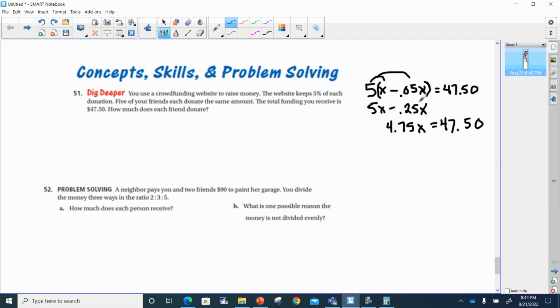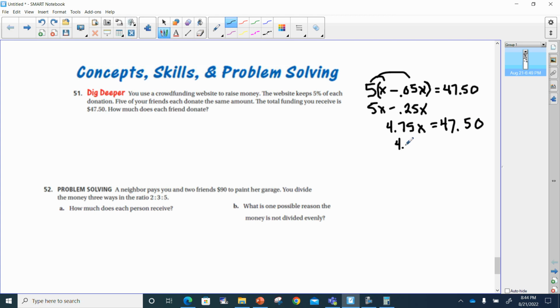I kind of second guessed myself there, but it makes sense now because each one of my friends is going to get charged 0.05. So out of the total amount that we get, the amount each one of them, which is X, is going to donate, we have to multiply by 5. That means I got to take that 0.05 and multiply it by 5 as well.